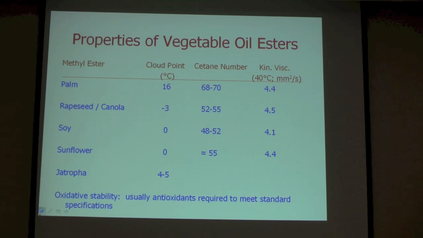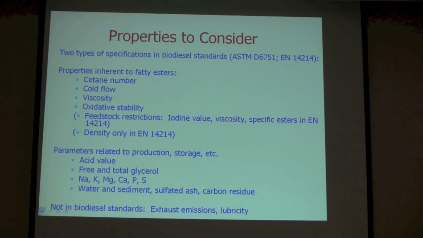Again, the influence of the fatty acid profile. Kinematic viscosity, I mentioned that, the major reason for making biodiesel. You'll see that these fuels, however, are all fairly close together in that respect. So, next slide, please.